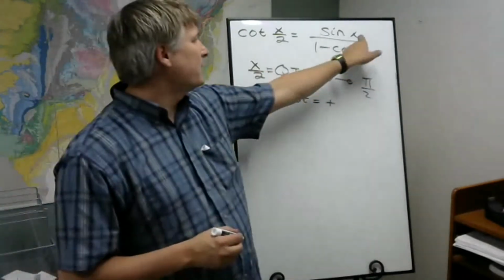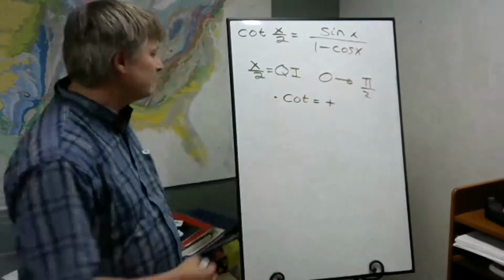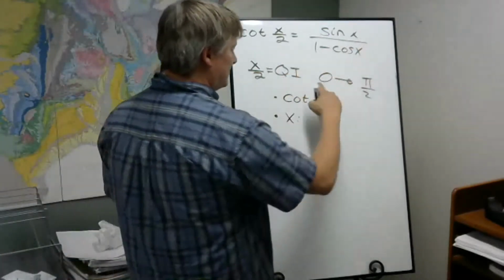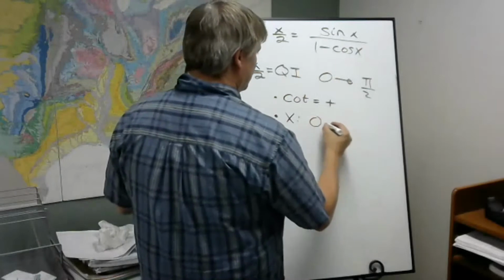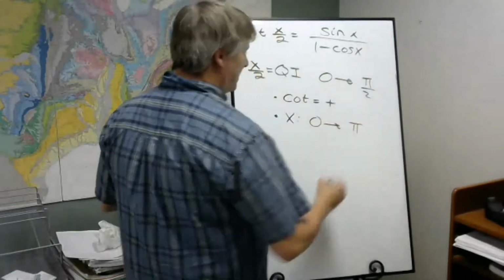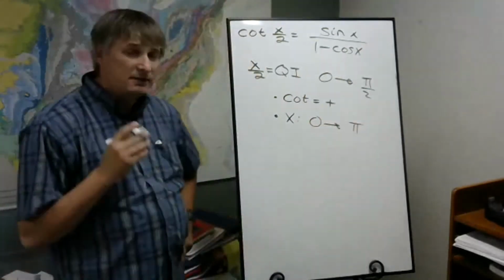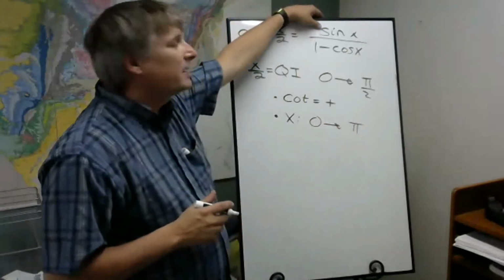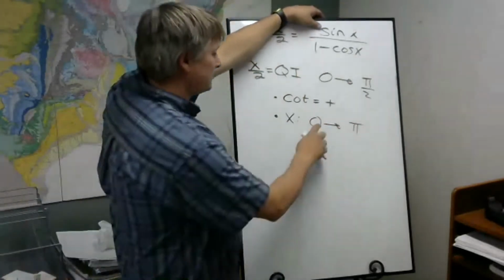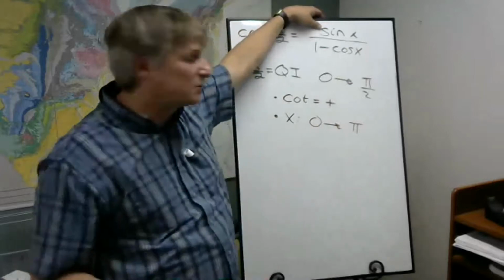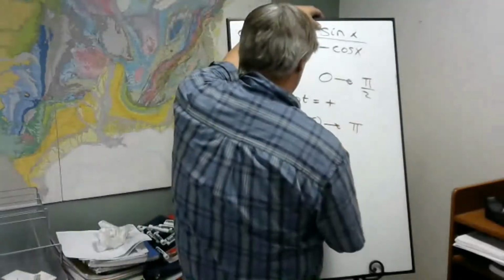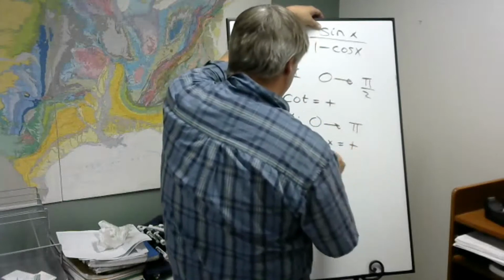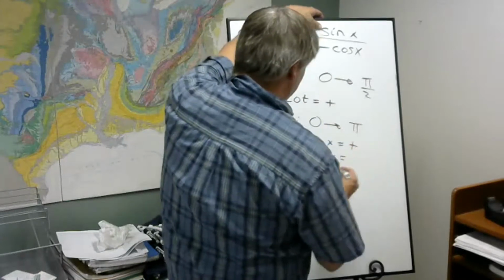For x, we double this, we'll get 0 to pi. So now we can do our analysis. What's the sign of sine from 0 to pi? And again, look at your unit circle. The sine of x is positive. And then 1 minus cosine x.